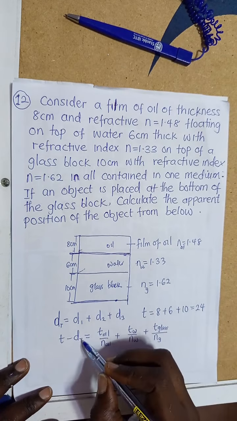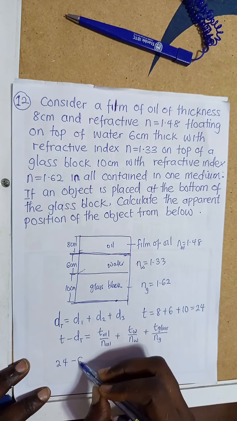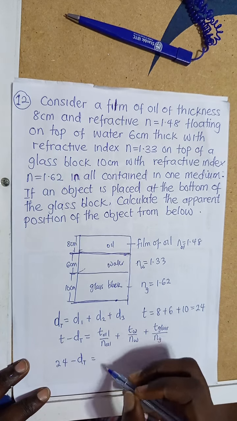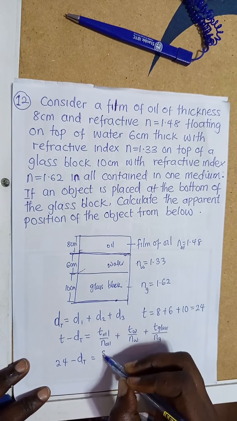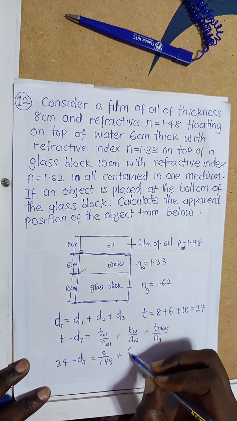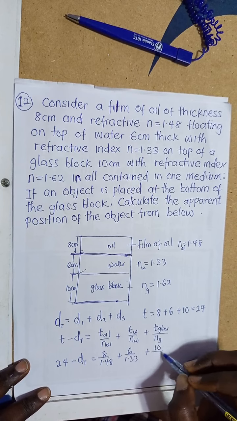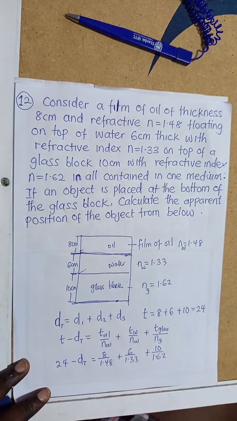What we are looking for is the total displacement. So we have 24 minus D, which equals 8 divided by 1.48 plus 6 divided by 1.33 plus 10 divided by 1.62.